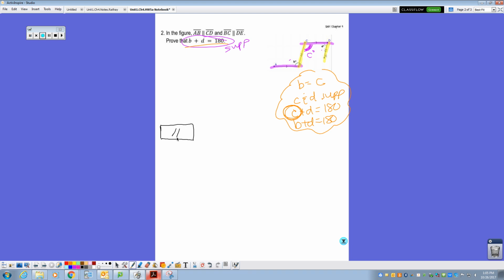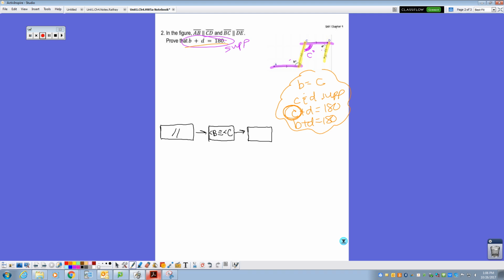From the purple parallels, I was able to conclude that angle B was congruent to angle C. And those are alternate interiors. So my reason is if parallel lines are cut by a transversal, then alternate interior angles are congruent. And since they are congruent, that does mean that they have to be equal.